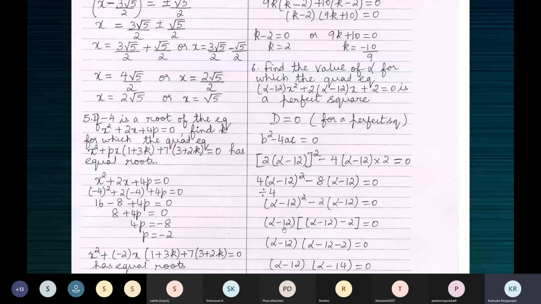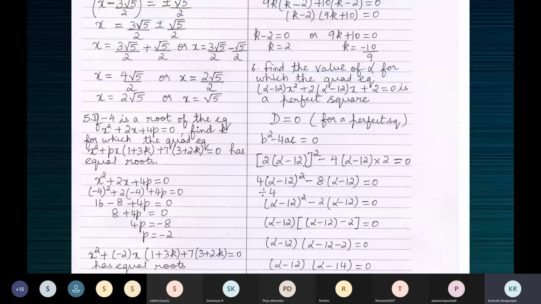Now alpha minus 12 is common. You cannot divide by alpha minus 12 throughout because you're trying to find the value of alpha. If you divide by alpha minus 12, you will lose one value of alpha. When you're solving for alpha, don't divide by an expression which has alpha. When you do that, supposing you're about to get two values for alpha, you will get only one.